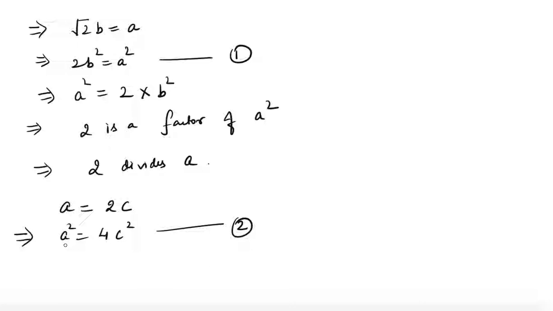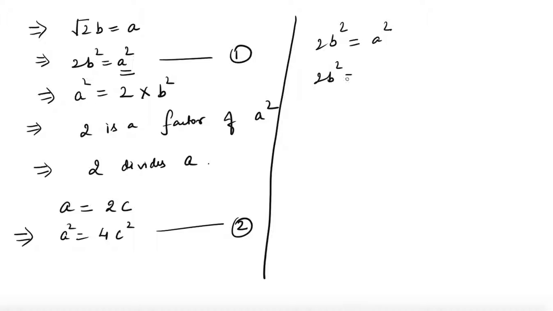Now let us put this value of a square in our statement number 1 and see what we get. So 2b square is equal to a square, and putting the value of a square as 4c square, this gives b square is equal to 2c square, right?